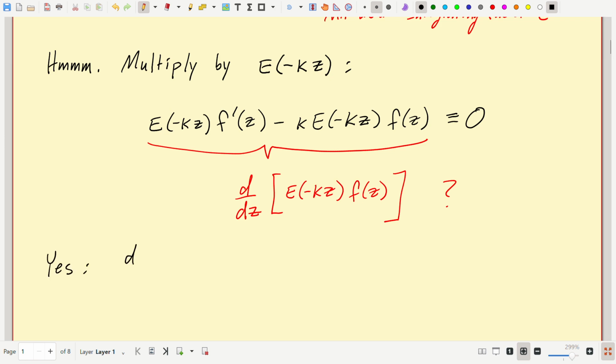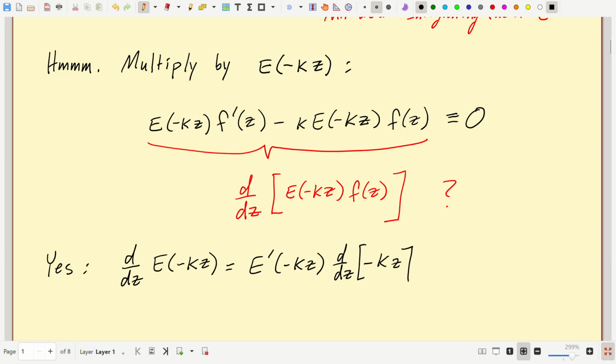Because d by dz, we learned the chain rule last time, or at least we saw a proof last time. d by dz of e to the minus kz would be e prime of minus kz times d by dz of minus kz. And e prime is itself, remember. We know that.